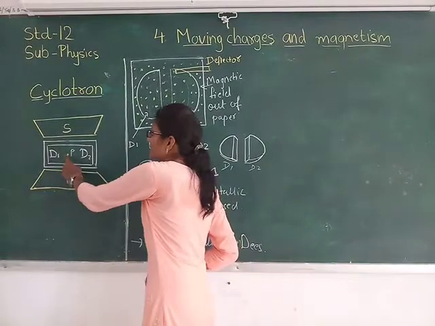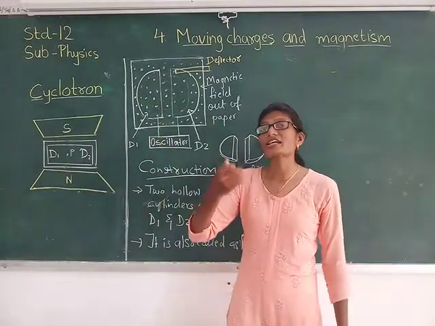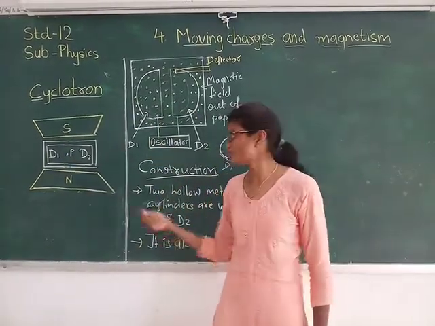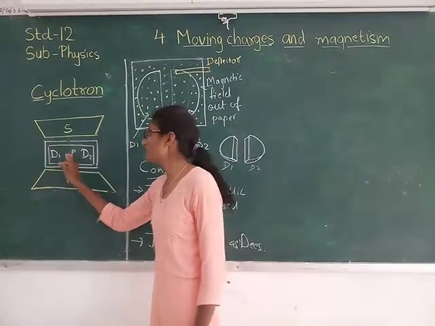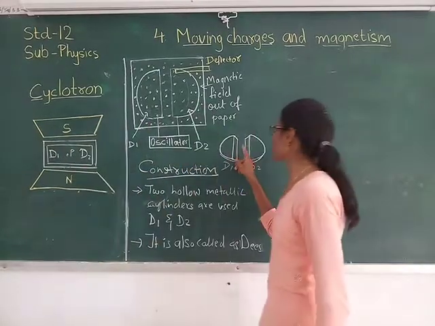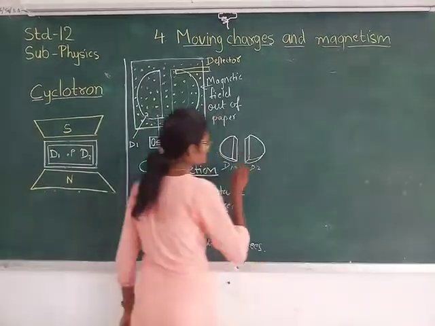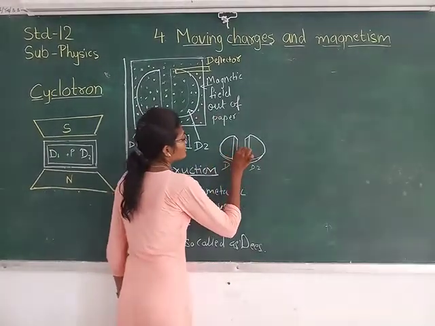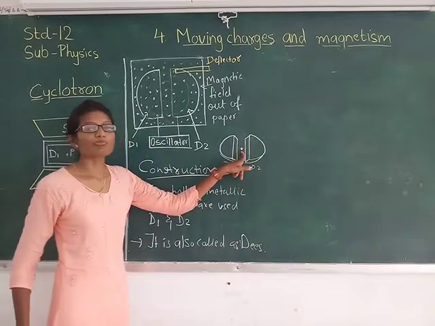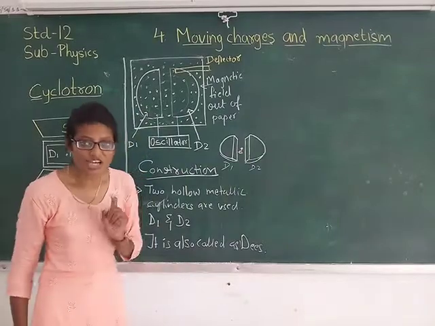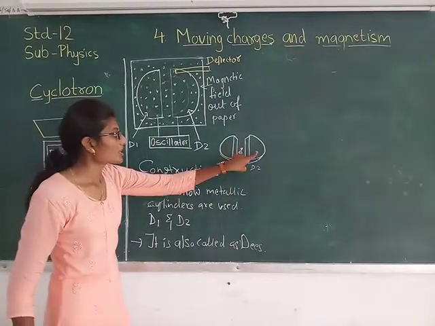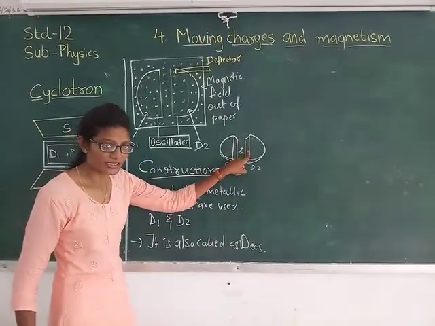So here there is a point P where the beam of charged particles comes. The beam of charged particles, or the source of the charged particles, is put between these two cylinders.